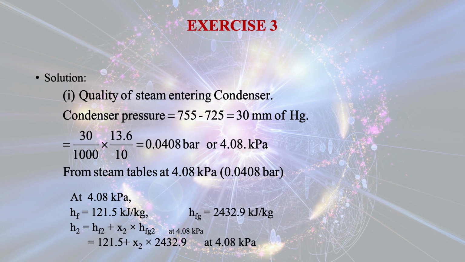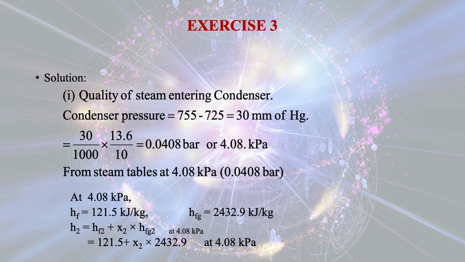What is rho? That is the density, and density of mercury is known, and g you can take 10 meter per second square and h is given as 30 millimeter of Hg. So if you put all these values and do the proper conversions of the unit, that is equal to 0.0408 bar or 4.08 kilopascal.